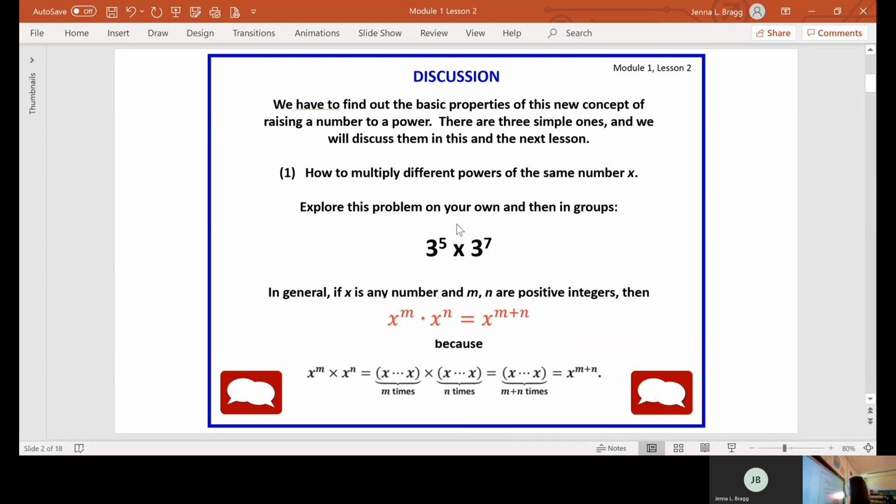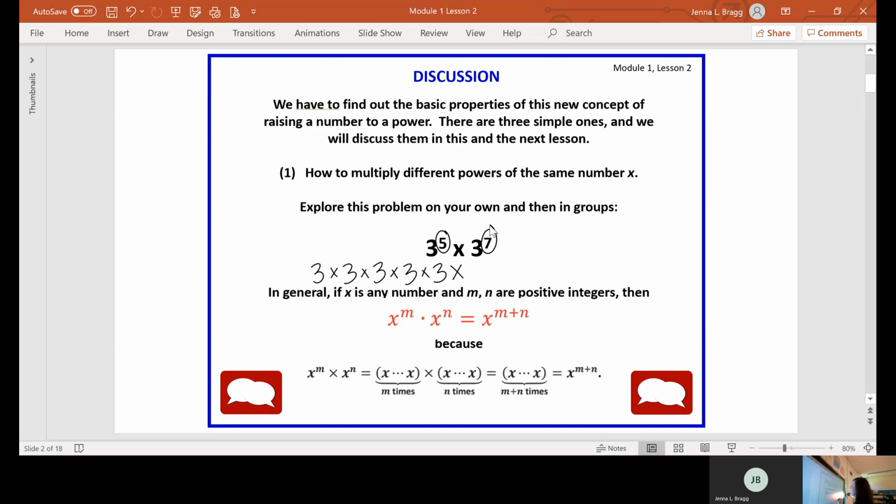Okay, so if you had 3 to the 5th power times 3 to the 7th power, we learned in the last lesson that that 5 means we multiply this 3 5 times. And all of that is being multiplied by 3 to the 7th.